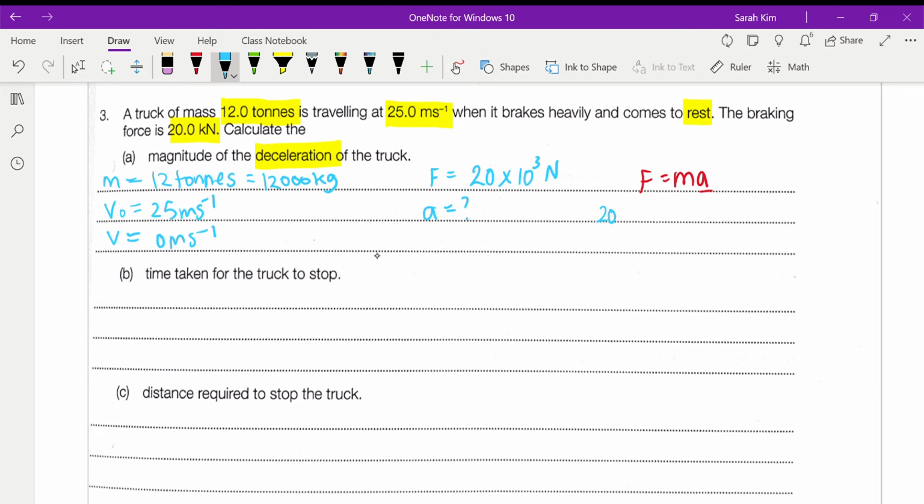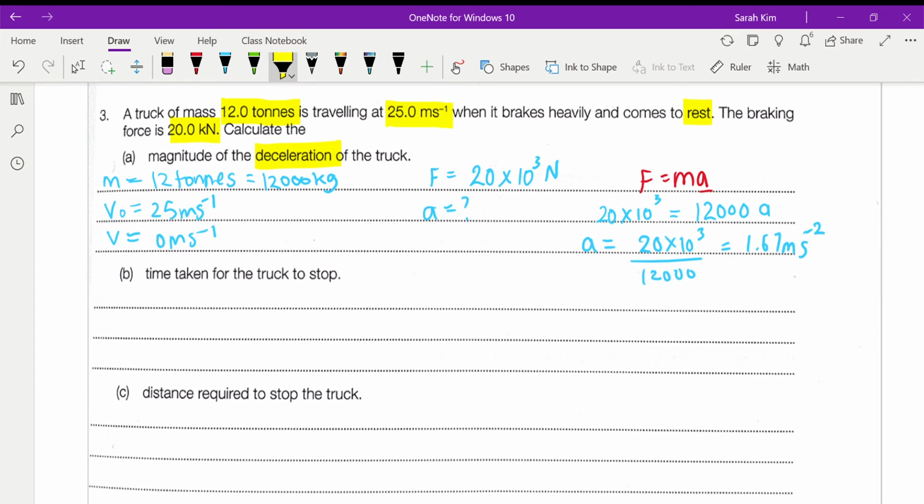So 20 times 10 to the power of 3 newtons equals mass, which is 12,000, times A. If you rearrange that, my A is simply going to be 20 times 10 to the power of 3 divided by 12,000, which is 1.67 meters per second squared.